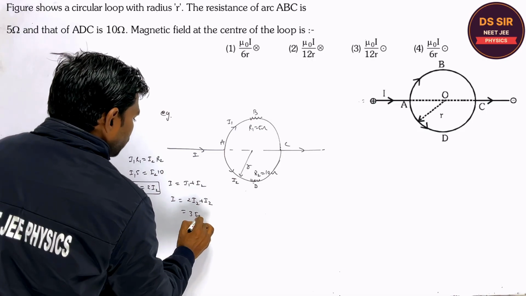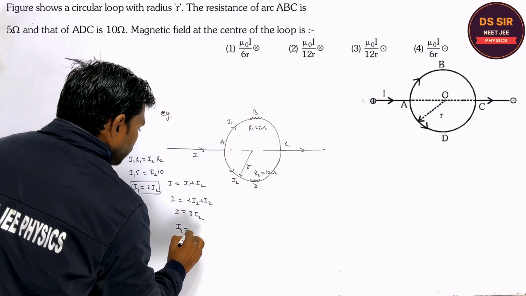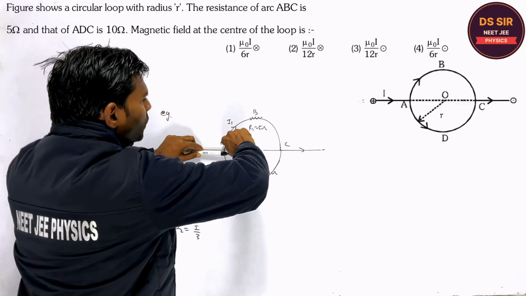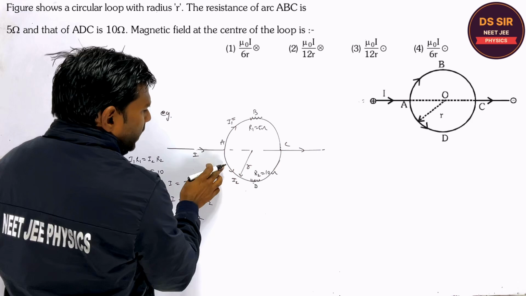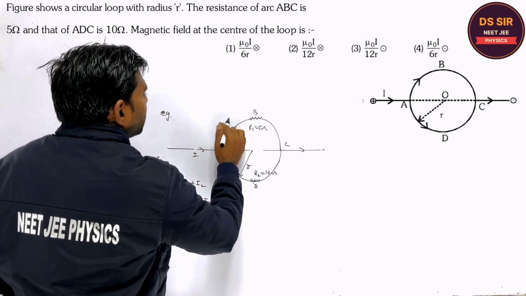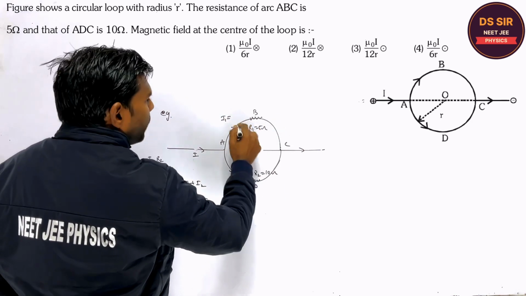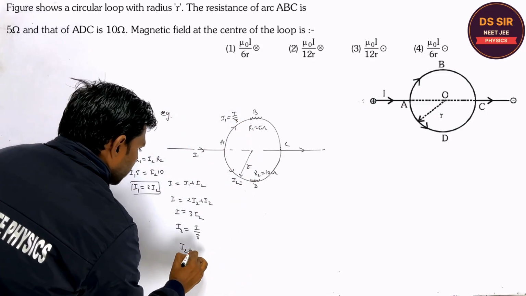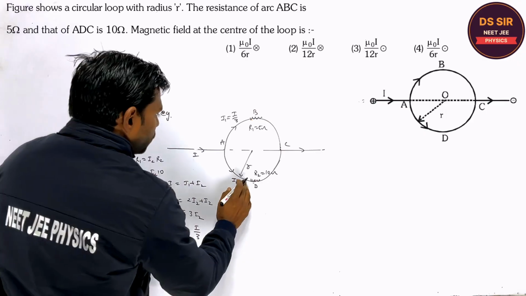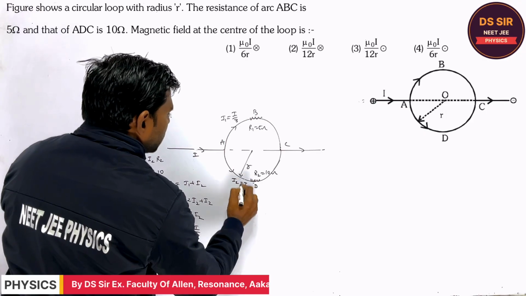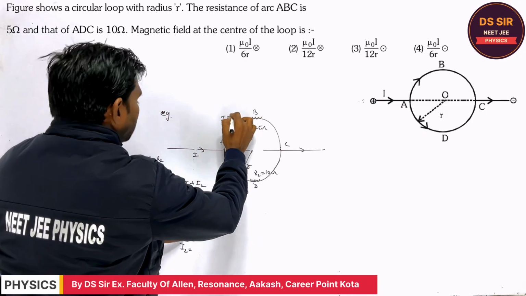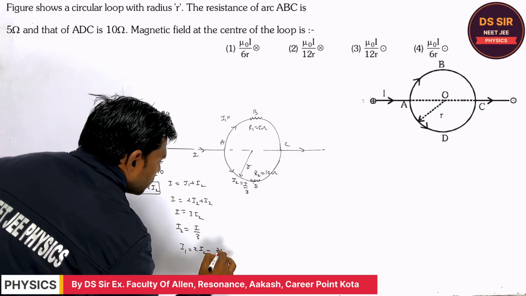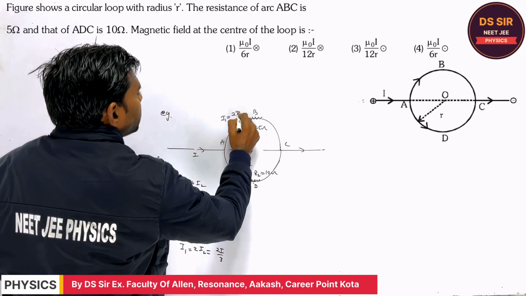It is 2 I2 plus I2, equal to 3 I2. So what is the current I2? I by 3. And I1 is 2 I2, which is 2I by 3. Is it clear or not?